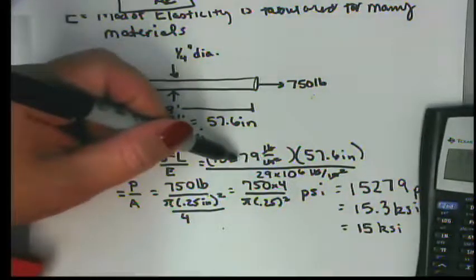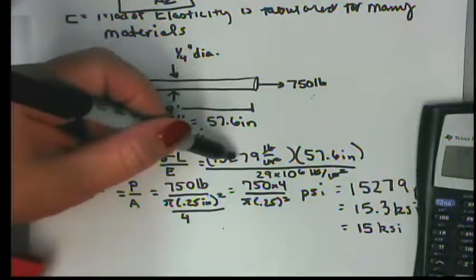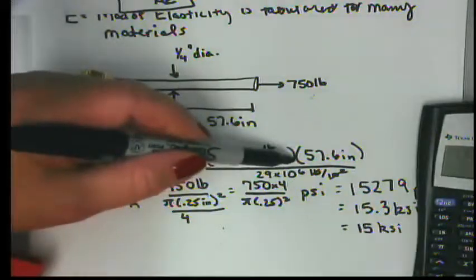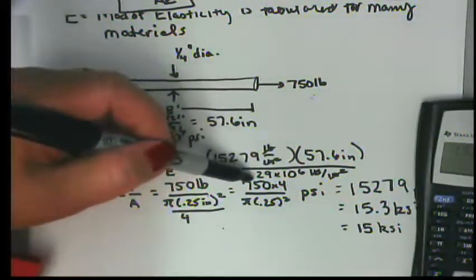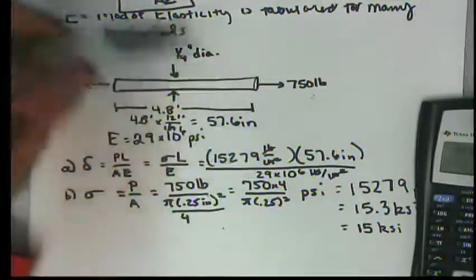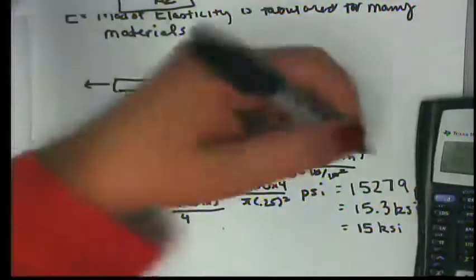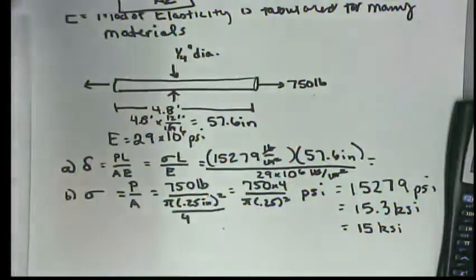All right, so I'm going to do 15,279 times 57.6 divided by 29 times 10 to the 6th, which is going to be 30,347 times 10 to the negative 6.